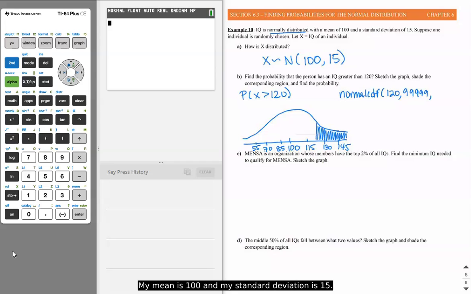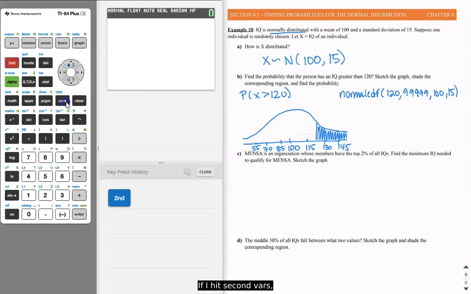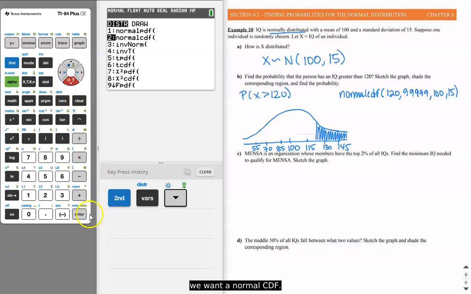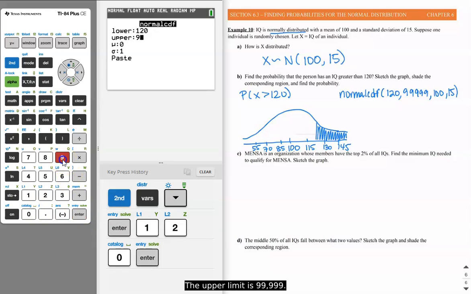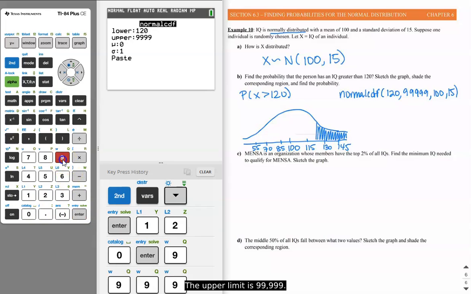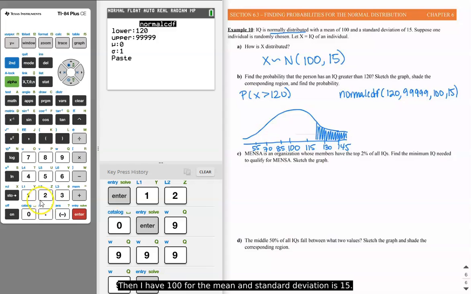My mean is 100 and my standard deviation is 15. So if I hit second, vars, we want our normal CDF. We want 120 for the lower limit. The upper limit is 99,999. And then I have 100 for the mean, and standard deviation is 15.